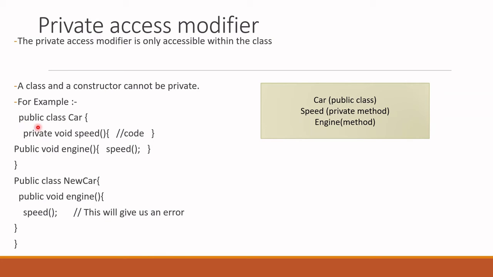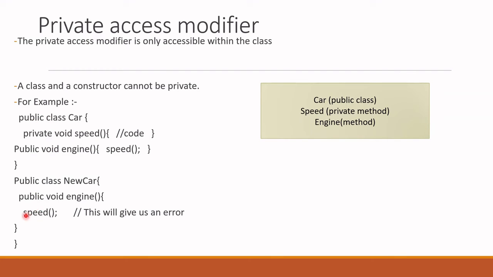Here there is a public class car in which a method is private and the other method is public method. So when we access this private method through this public method, it is accessible because these both methods are in the same class.